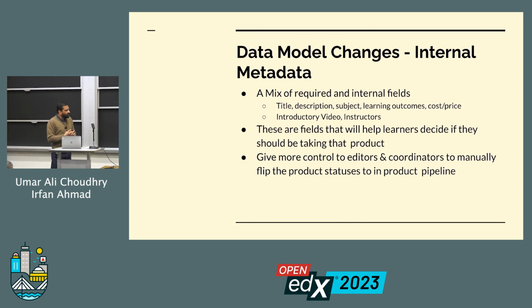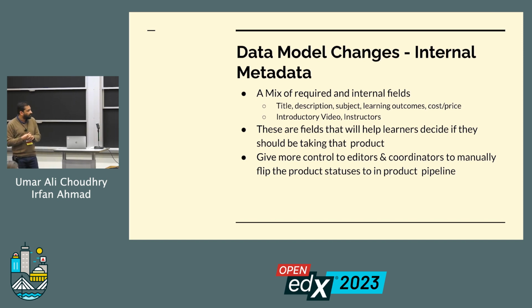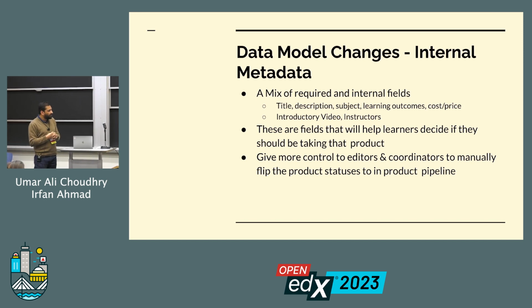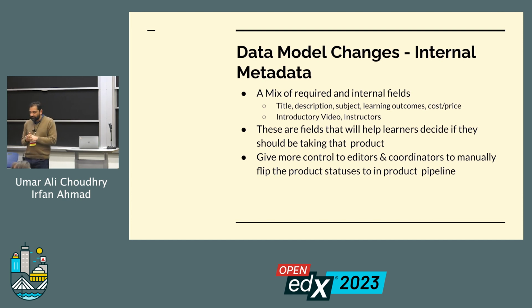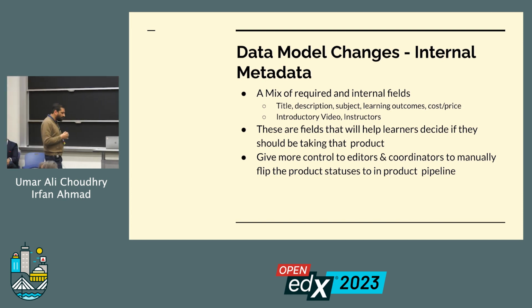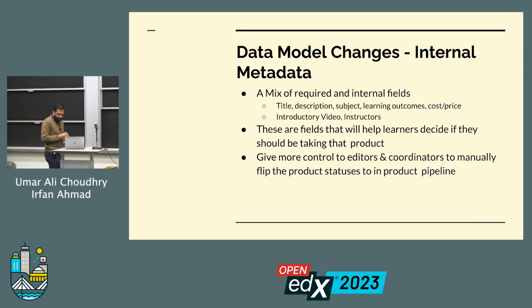One of the things that we can currently do is look at all of the product statuses in the product pipeline. If you are familiar with the product pipeline in discovery, typically the course, as a first status, is unpublished, then it goes through a legal review, then through a project coordinator review, and then it gets scheduled or published.